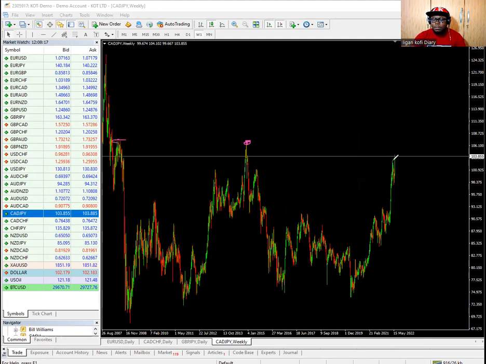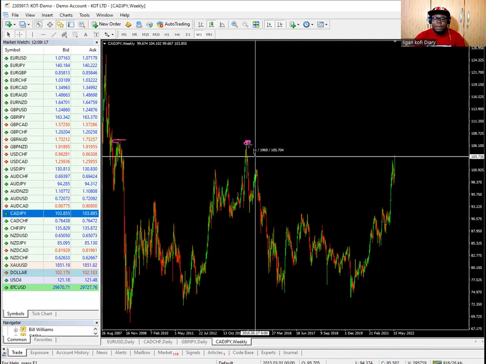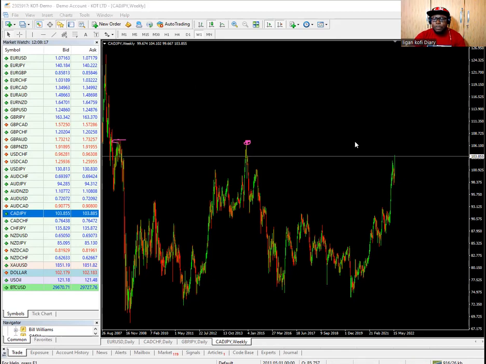From where the price is up to the peak, it's about 315 pips. So this is not small pips.